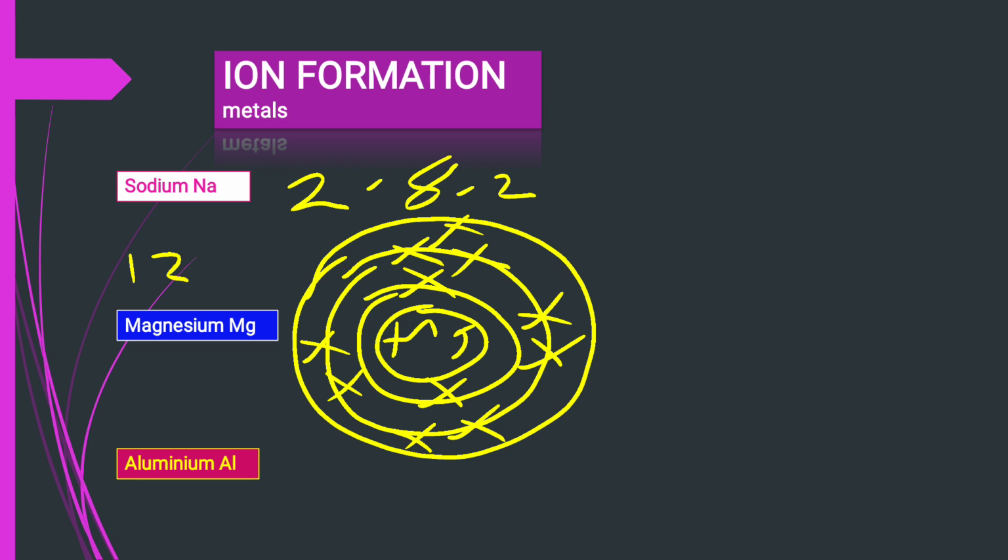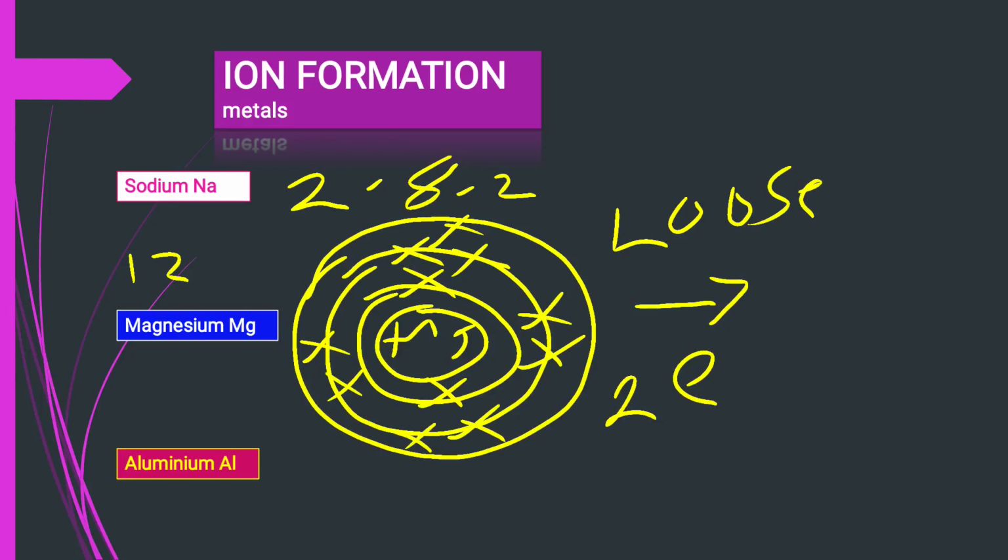This magnesium atom will form an ion by losing 2 of its electrons in the outermost energy level. Why? Because its valency is 2. That means that it is easier for magnesium to lose the 2 electrons than to gain 6 more electrons to form an octet state.